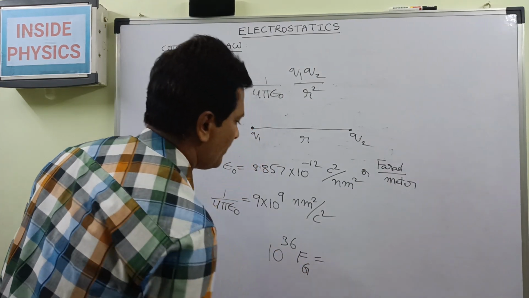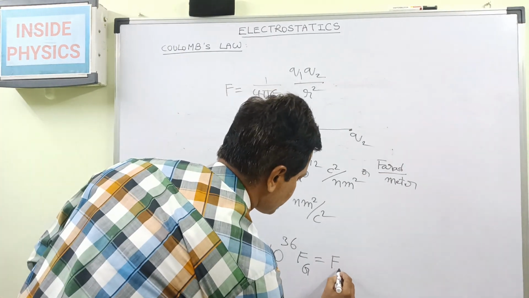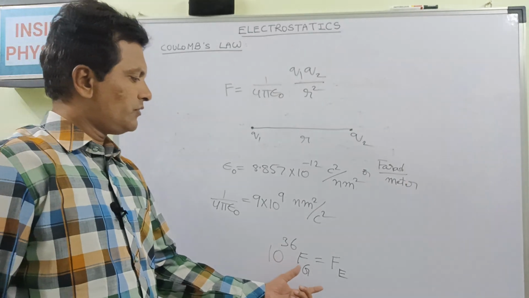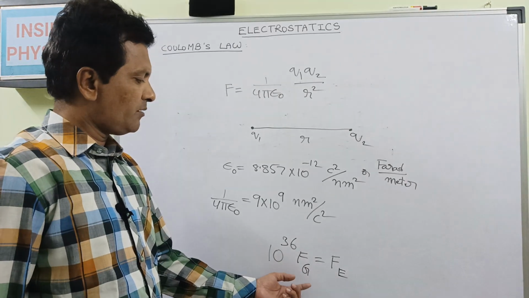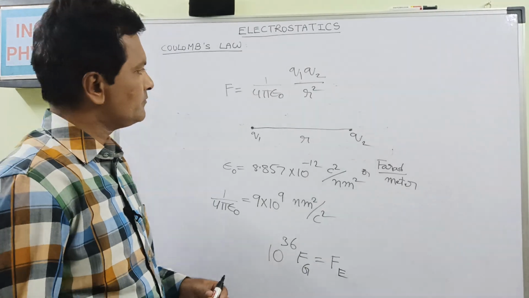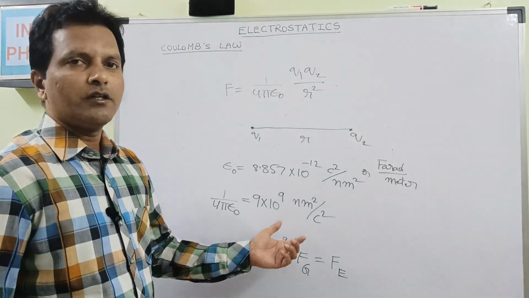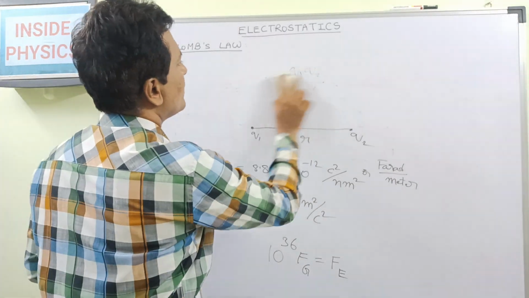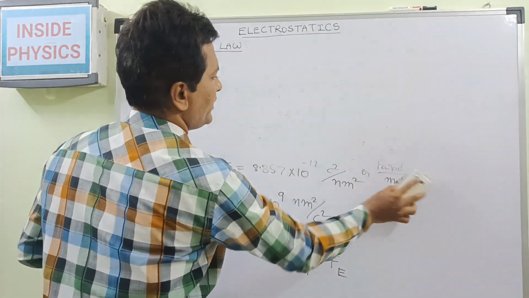See, the gravitational force and electrical force can be compared with this relation. Okay, so this is about Coulomb's law, and next we will move to permittivity of a medium.